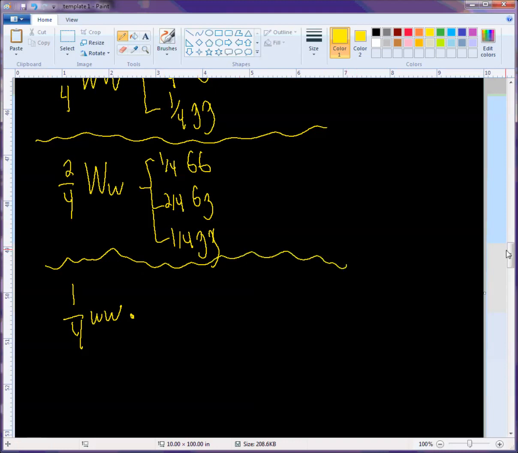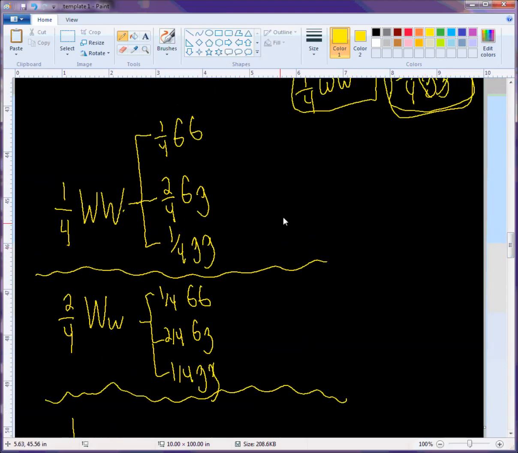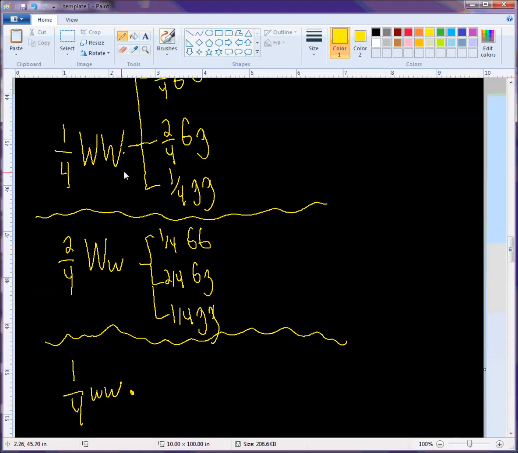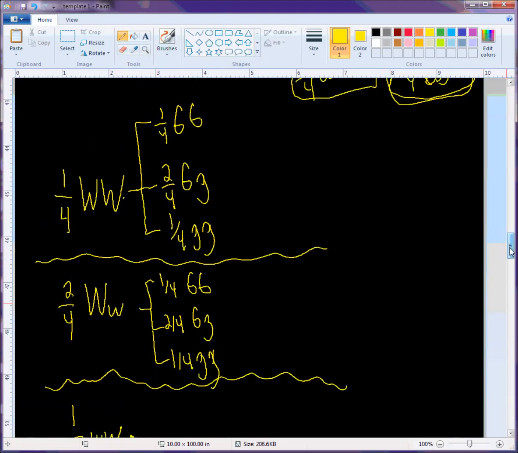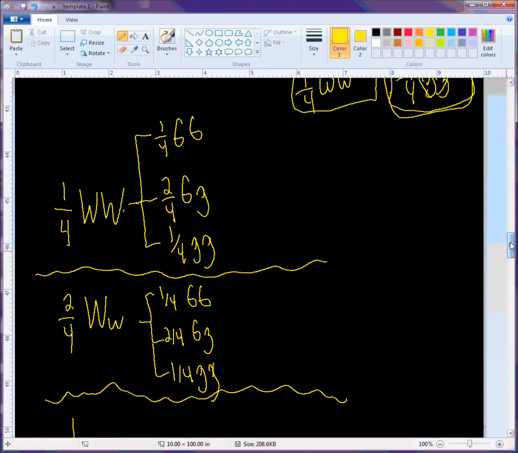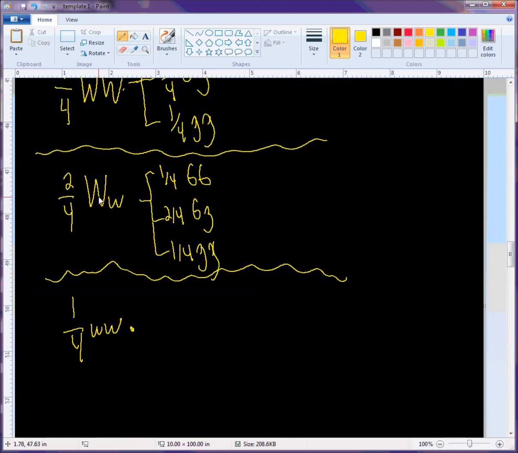So we know the ratio of all the plants is going to be 1 to 2 to 1. We're just breaking it down and grouping the plants into plants that have two big W's, and of those we're going to see the 1 to 2 to 1 ratio for the G's. And the same thing with the half of the plants that have a big W and a little w: if we just look at those, we're going to see a 1 to 2 to 1 for the G alleles.